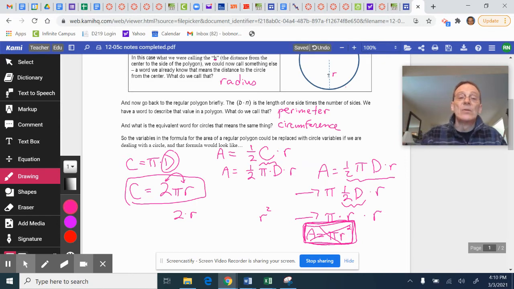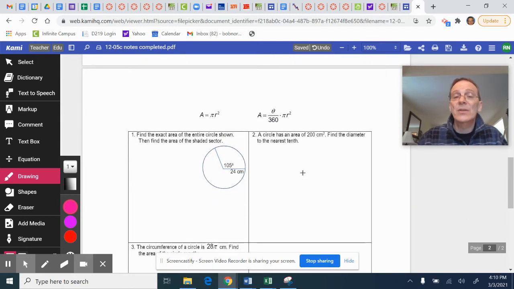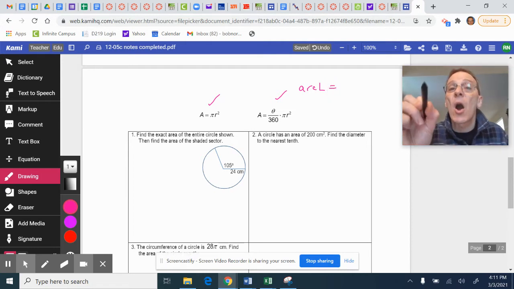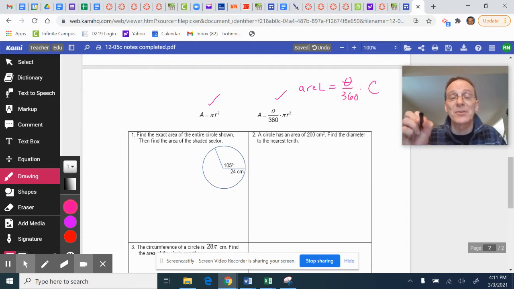Okay, so let's move on and solve some problems using not just this formula here. Here it is for the area of a circle. But here's a second new formula you're going to have to deal with in this lesson. This formula is for a fraction of a circle. Look, just like we have this formula, arc length, which is part of the circumference of a circle, its formula is expressed by this fraction times the circumference. That's what an arc length is. It's a part of the circumference.